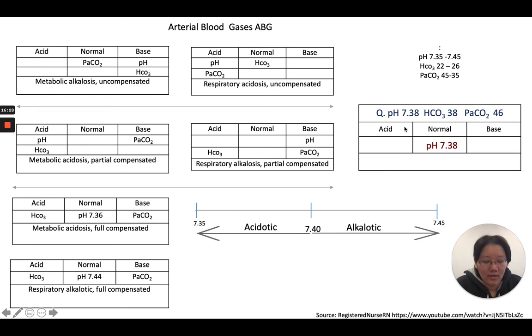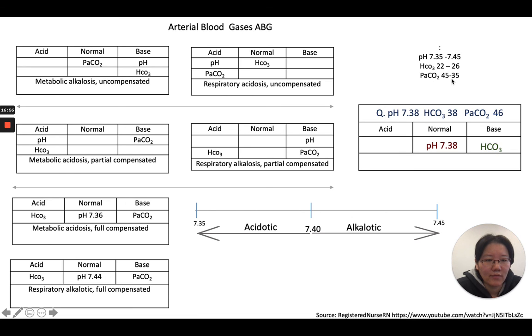Next one, we got pH 7.32, HCO3 38, PaCO2 46. Let's work it out. pH 7.38, that's going to be in the middle, so that's sort of within the normal range. HCO3 38 is going to be base, okay?